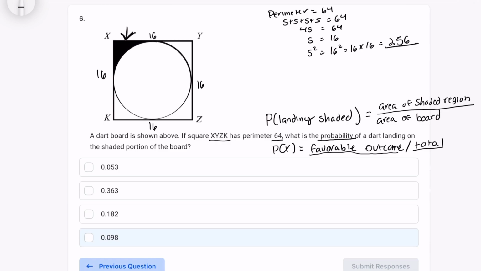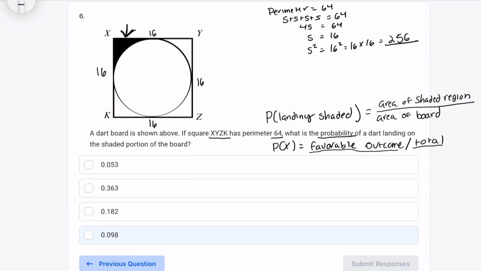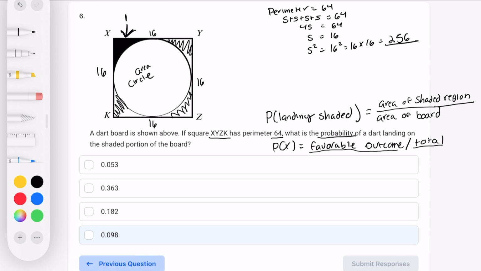Well, if we subtracted the area of the circle from the area of the square, we would get the area of all of the leftover space here. And since we're only looking for one corner, we would divide it by 4. So let's write this out mathematically to make it a little bit easier to see.